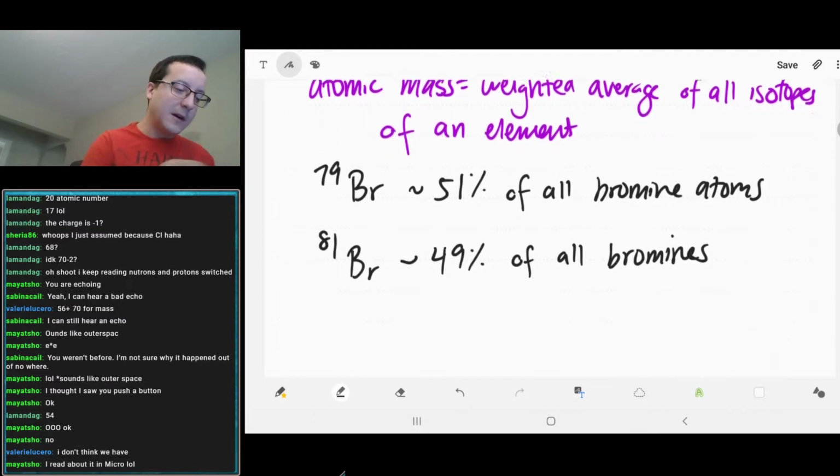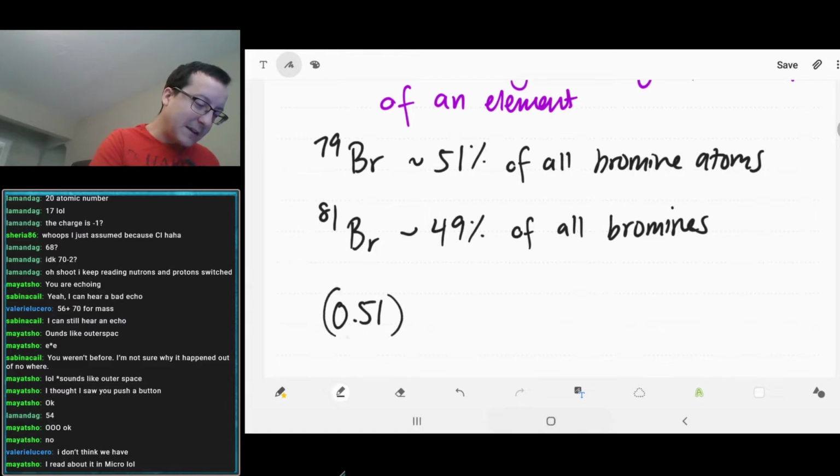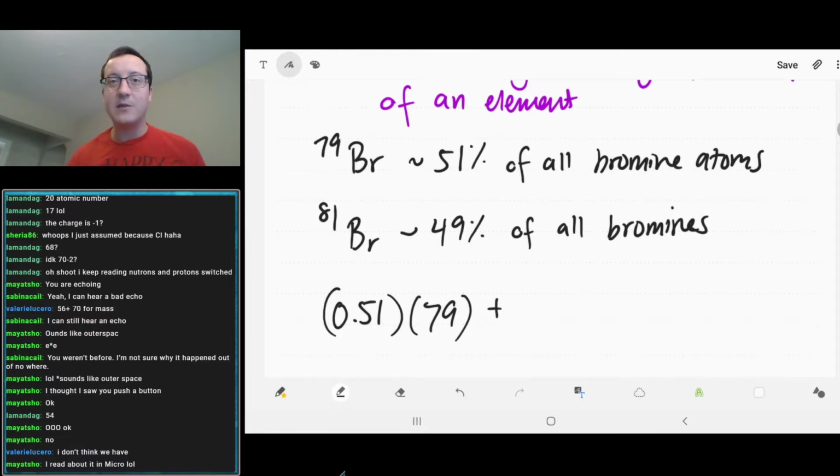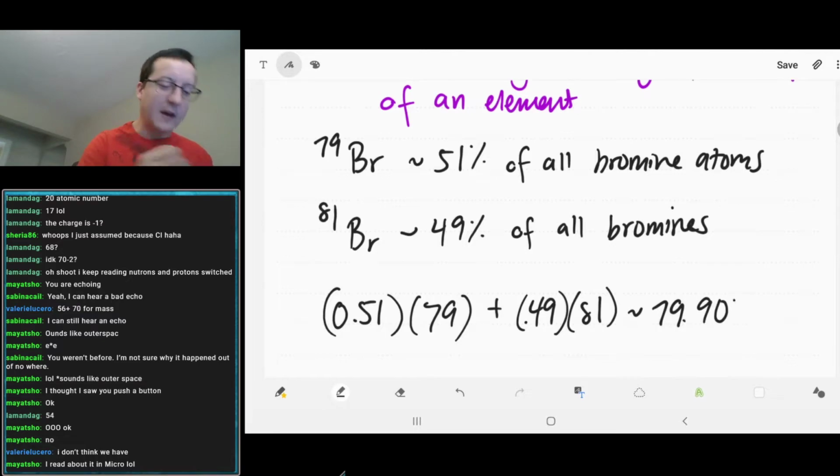And so we're going to see that if we take this 51% times bromine's mass number, you're not going to have to do this calculation in this class, by the way. I'm just showing you where it comes from. And this is going to be roughly equal to that 79.904 that you're going to see on the periodic table.